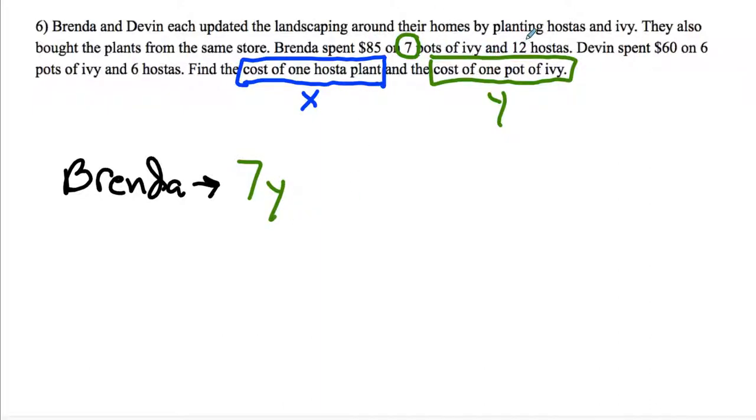And 12 hostas. That was x, right? So plus 12x. That equals a total of $85.